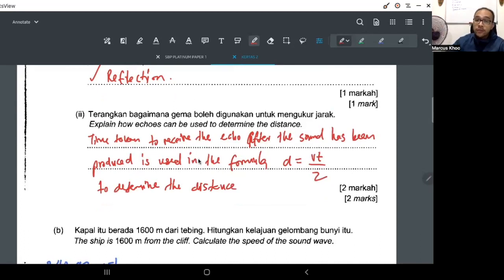Okay, the time taken to receive the echo after the sound has been produced is used in the formula D equals to VT over 2 to determine the distance.